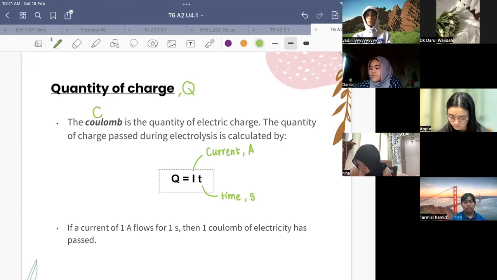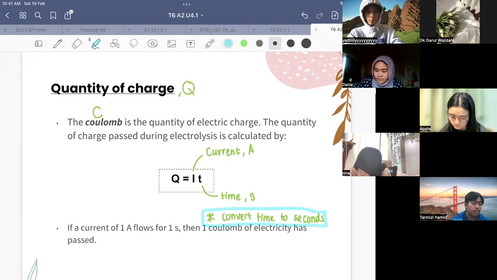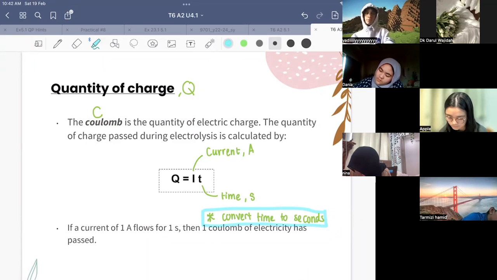You must always convert your time to seconds if you use this expression. That's a reminder in case you have not used this expression before. For the physics students, they've used this a lot of times already, so it shouldn't be a problem for them.